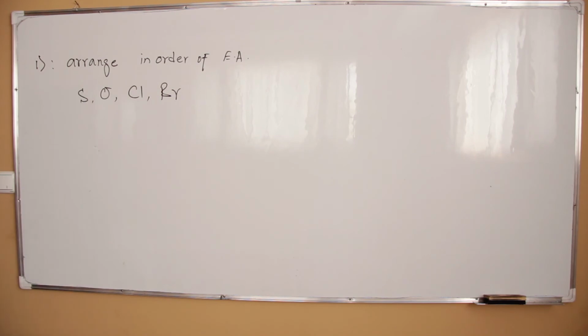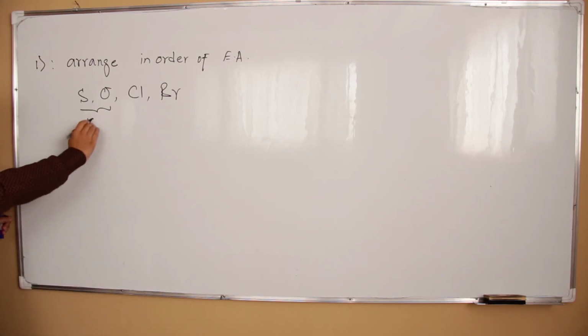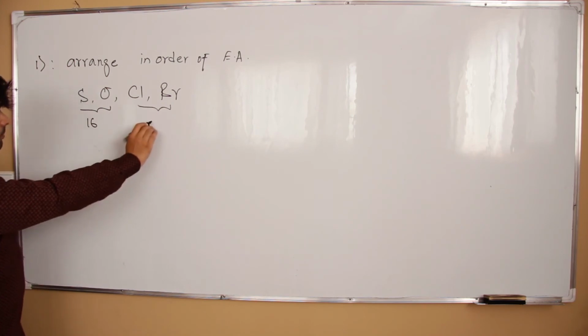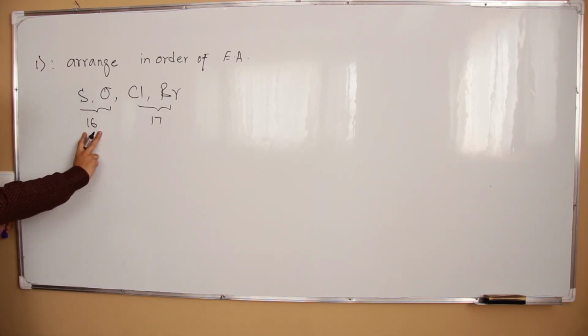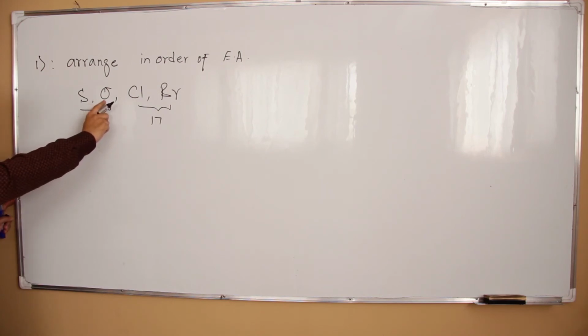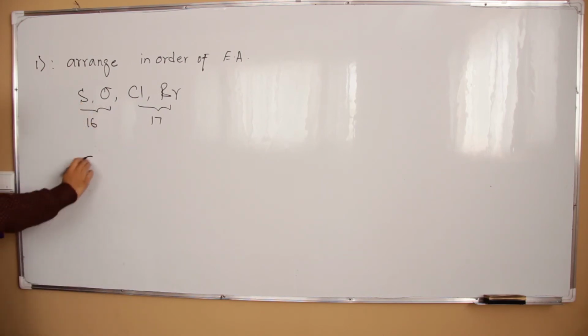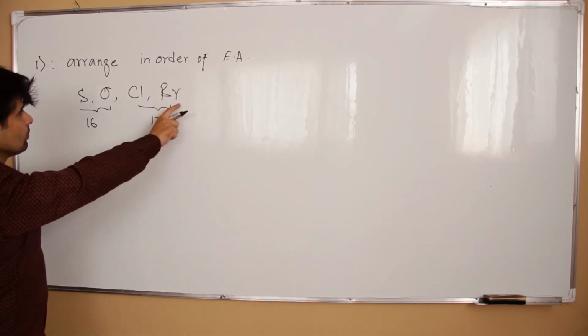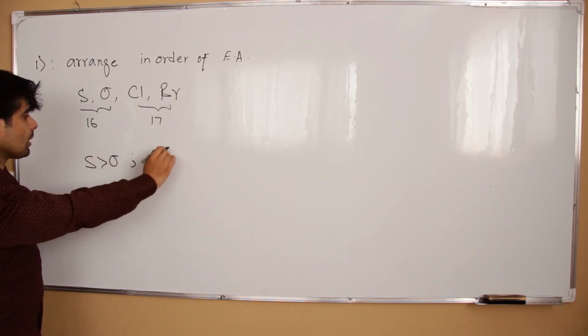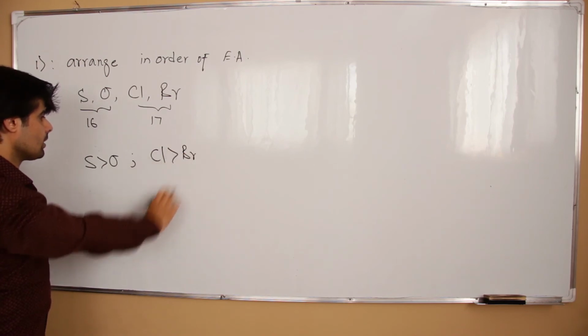Now, which has more electron affinity and which has less? What do you think? First, these two belong to group 16 and this one belongs to group 17. In group 16, oxygen has less electron affinity, sulfur has more. Also, in group 17, chlorine has more electron affinity than bromine.